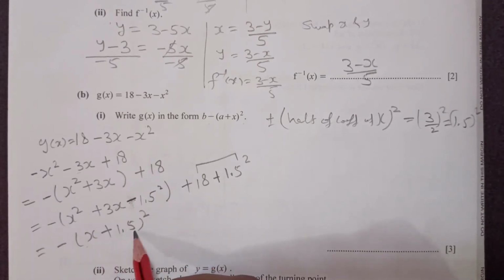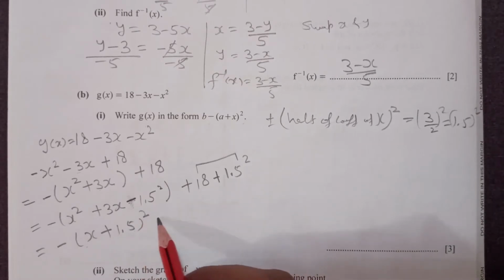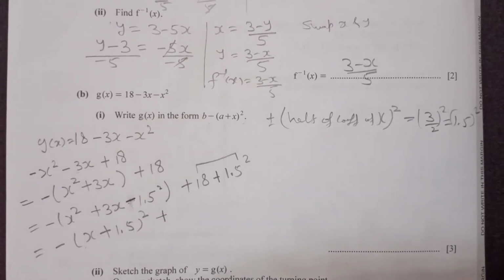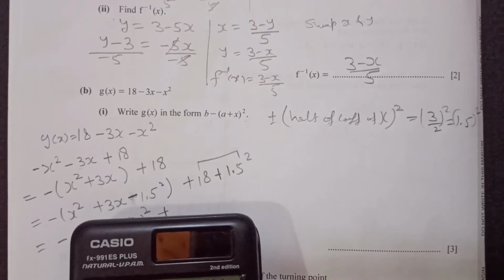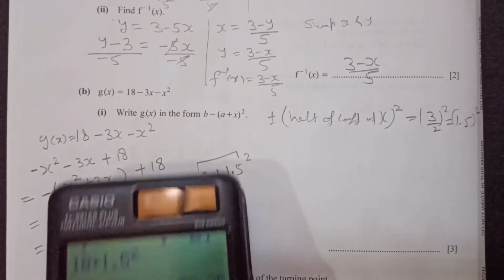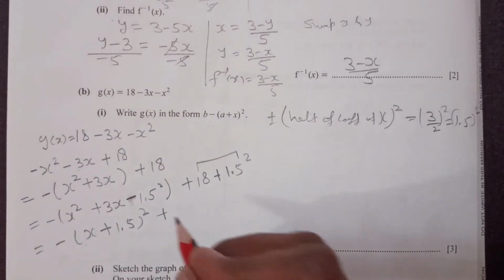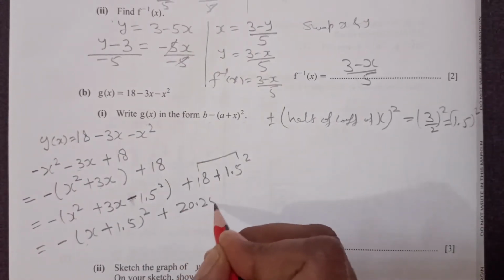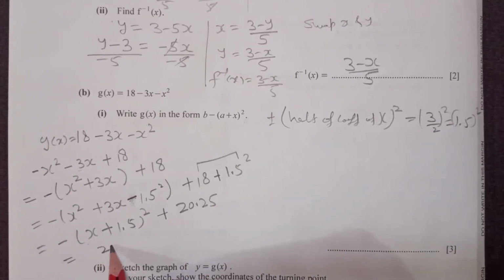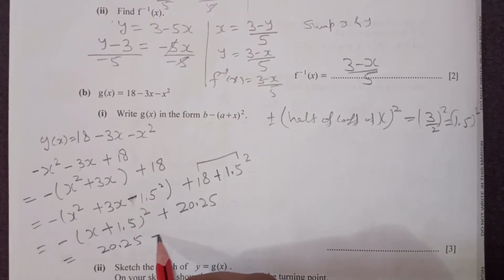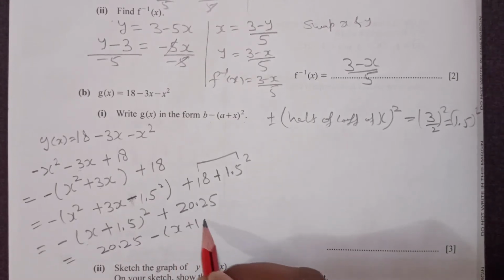So minus (x plus 1.5) squared, plus 18 here. 18 plus 1.5 squared is equal to 20.25, sorry. So now this can be written as 20.25 minus (x plus 1.5) squared.